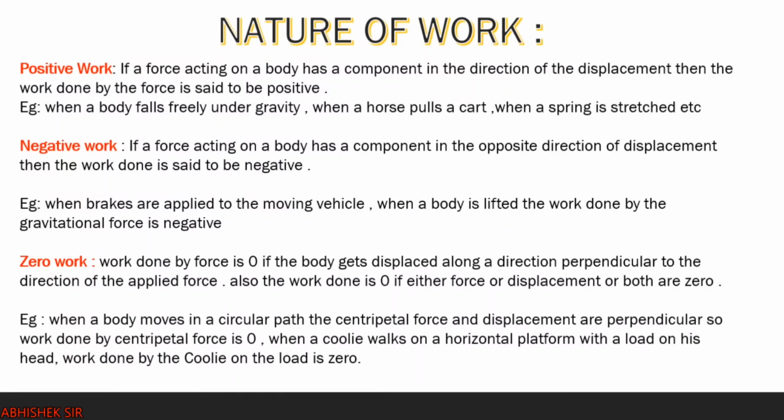Also, one very nice example: when a coolie walks on a horizontal platform with a load on his head, the load is acting downward, but the coolie is moving in the horizontal direction. So work done by the coolie on the load is zero. So these are positive, negative and zero work.